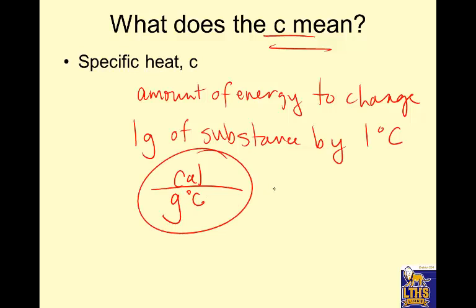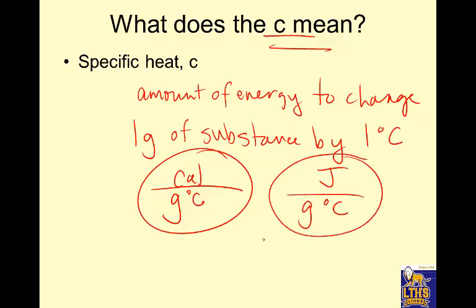Here are the units: calories per gram degree Celsius, or joules could be heat per gram per degree Celsius. Specific heat is now evening out all of the substances we know to figure out how much heat it takes to change the temperature of 1 gram of a substance.